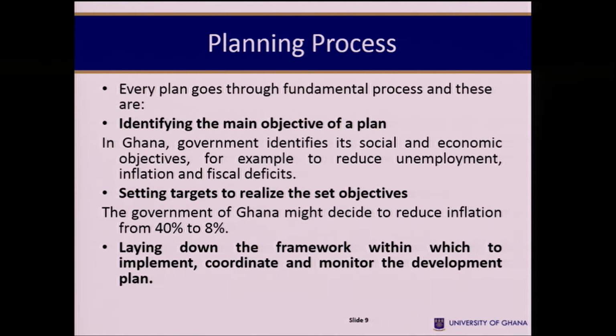One, we would have to identify the main objective of the plan. So be it comprehensive or be it an indicative plan, we would have to identify the main objectives. And once we have identified the main objectives of the plan, we would have to go on to set targets to realize the set objectives.